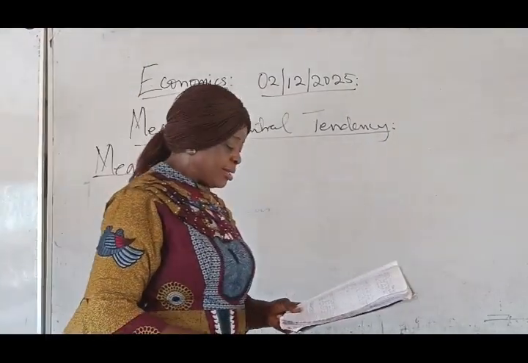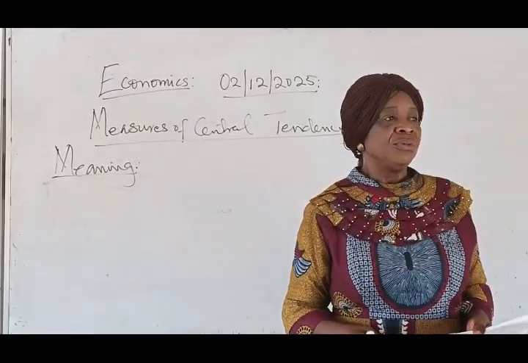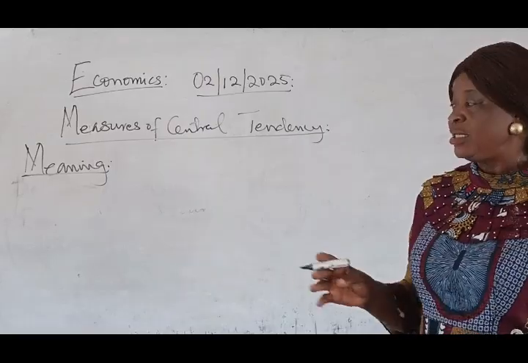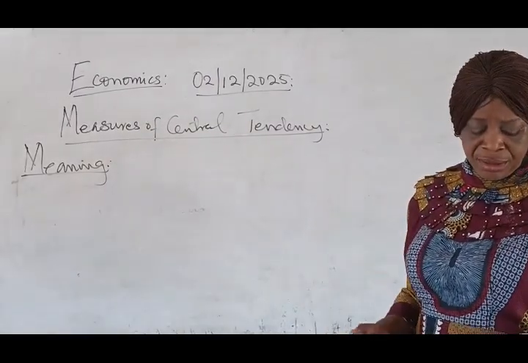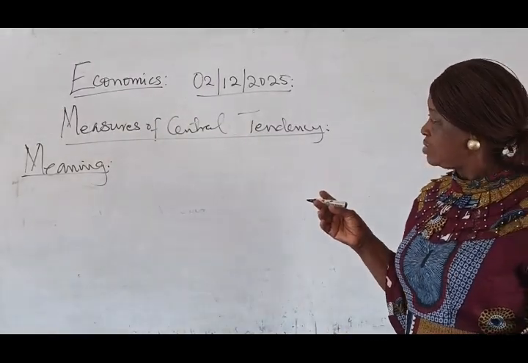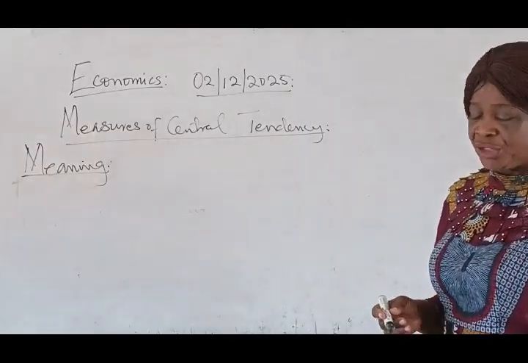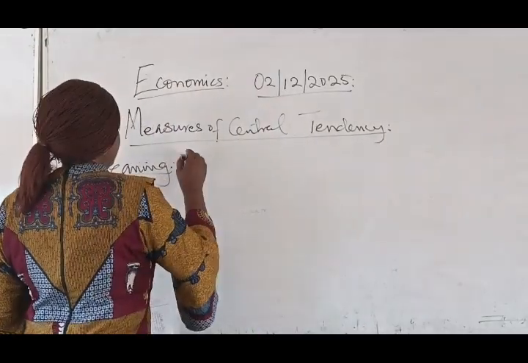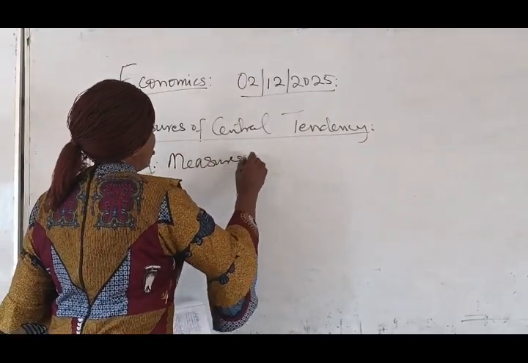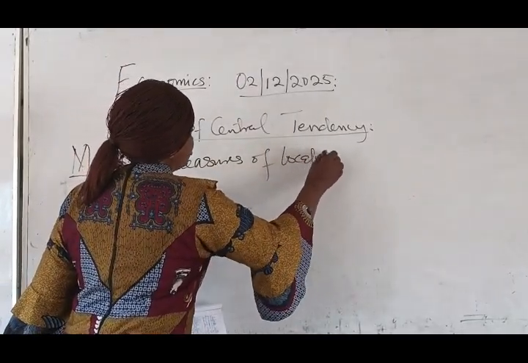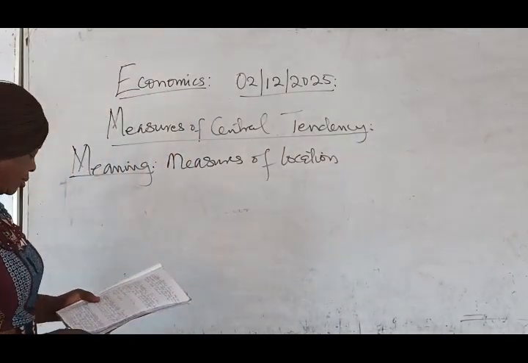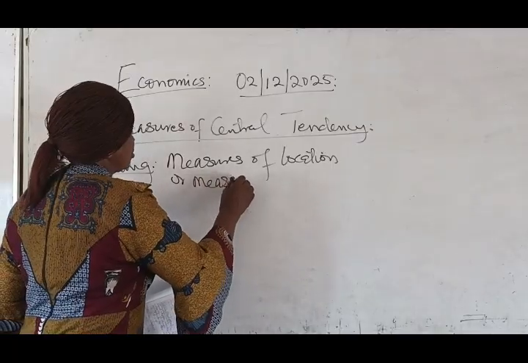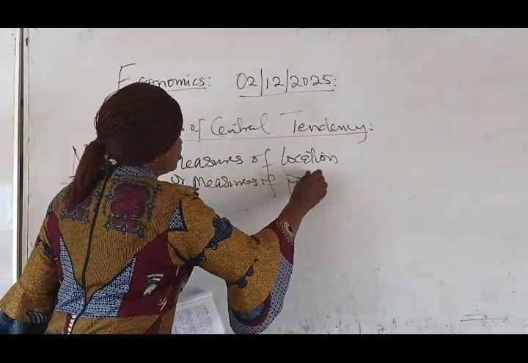For measures of central tendency, before that, these measures are also known as measures of what? Location. We can also call it measures of location or measures of position.